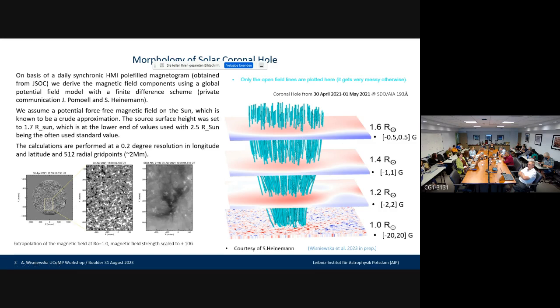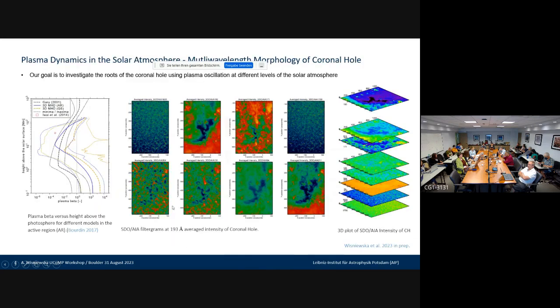And here you can also see the scaling of the magnetic field. Our coronal hole is placed over here. So you can see how this looks on the intensity image from AIA and our extrapolation.